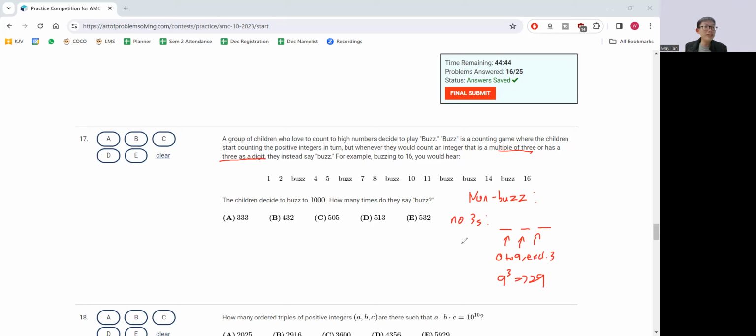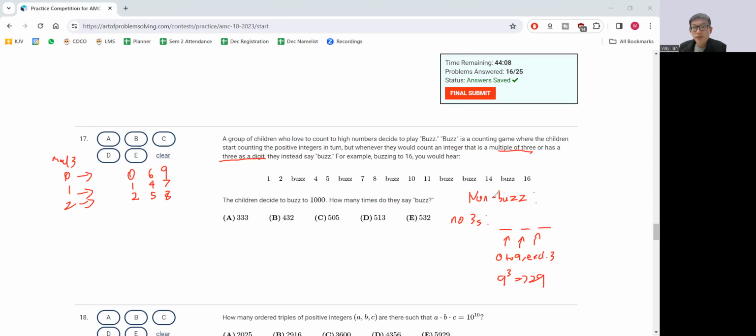Now, how many of these are multiples of 3? Okay, non-buzz means that... so for this one, it's actually quite nice, because we realize that if you exclude 3, your digits are 0, 1, 2, 4, 5, 6, 7, 8, 9. So each of the residues mod 3 are represented 3 times.